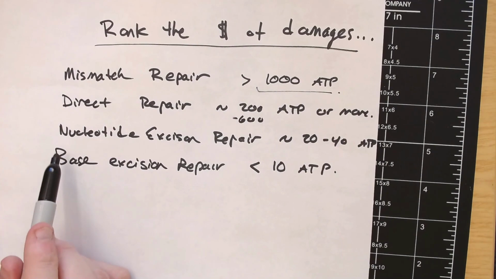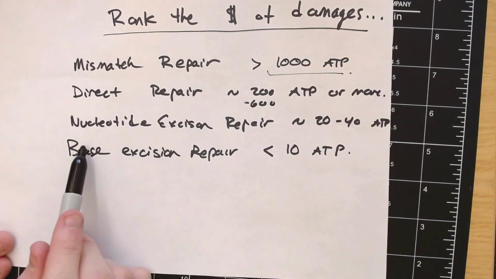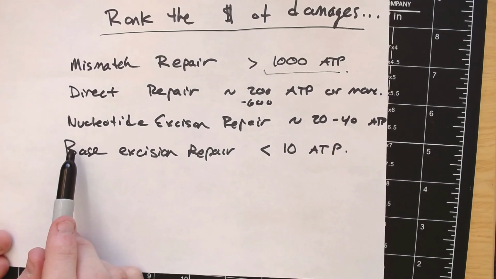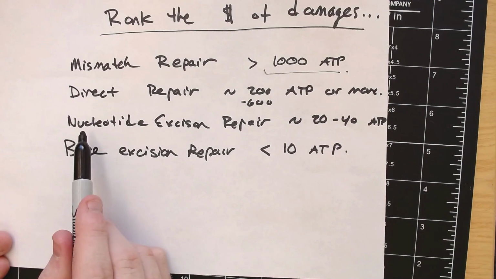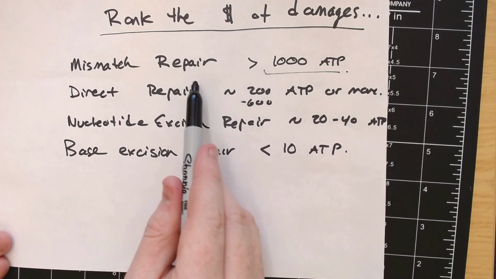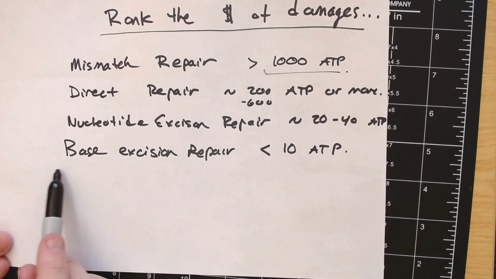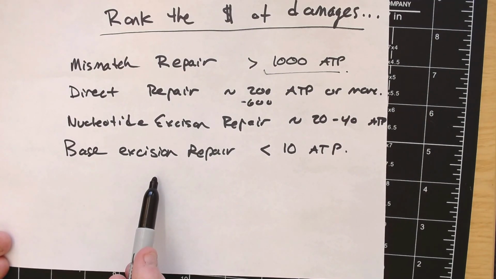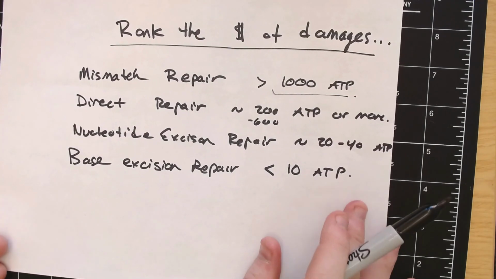And then you can contrast these two processes here to the expenses of the two more surgical repair systems. So nucleotide excision repair, since you're always removing a roughly 13 nucleotide stretch, your costs are nowhere near as expensive as they are with these. And with base excision repair, since you're really restricting your repair locations to the exact damaged base, these can cost as few as a couple ATPs.